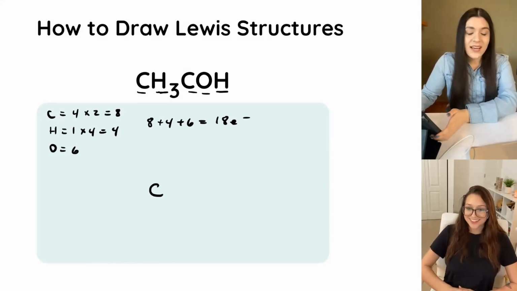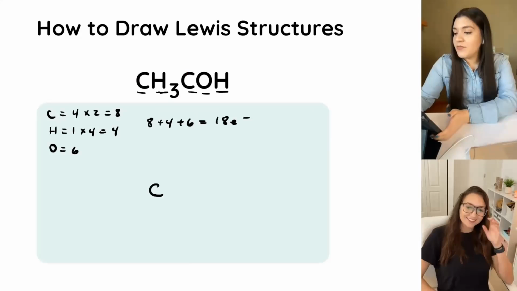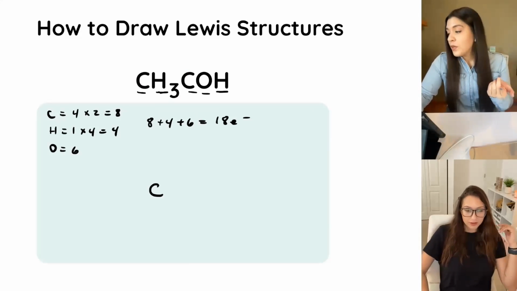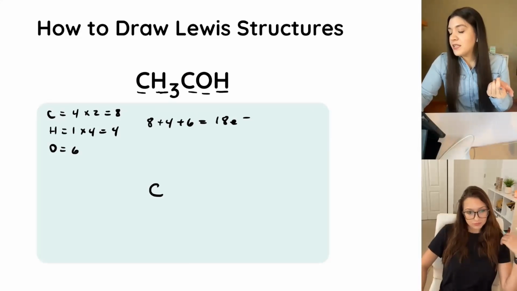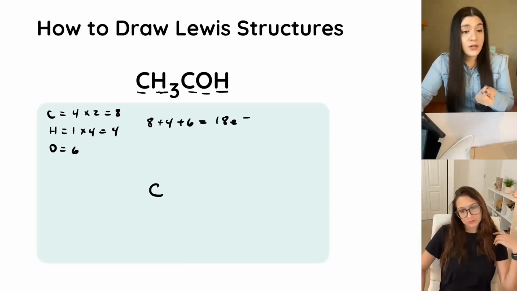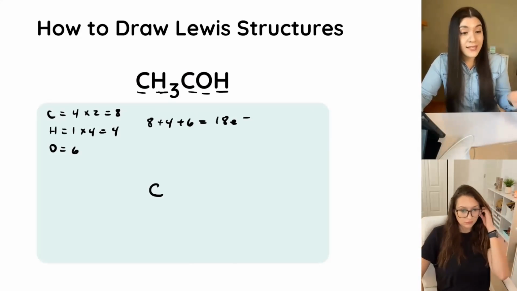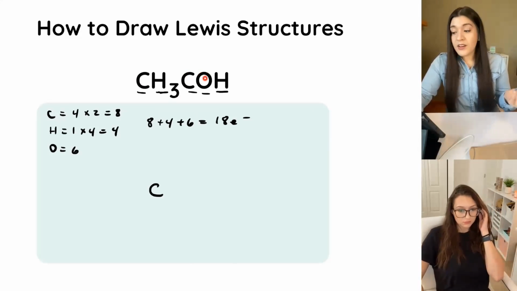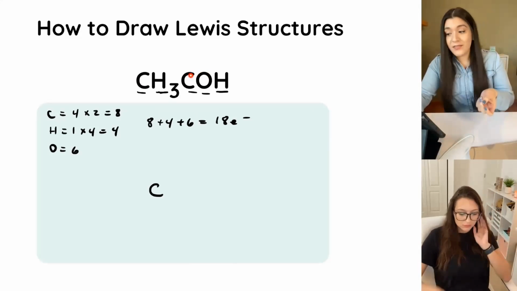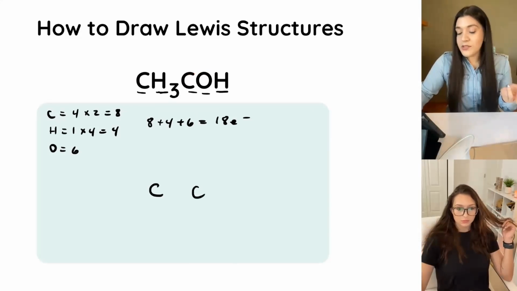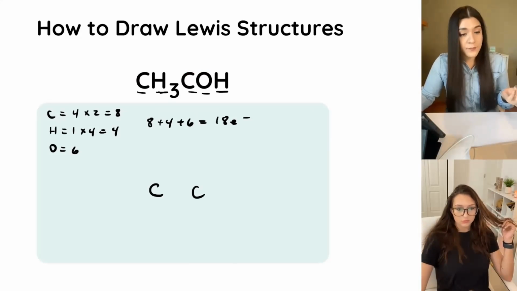Yes, we can. Perfect. This goes back to the rule I was talking about: if I'm trying to decide if carbon or oxygen is the other central atom, we ask which one is the least electronegative. Oxygen is the most electronegative. Carbon is the least electronegative. So I know that the other carbon will also be our central atom.